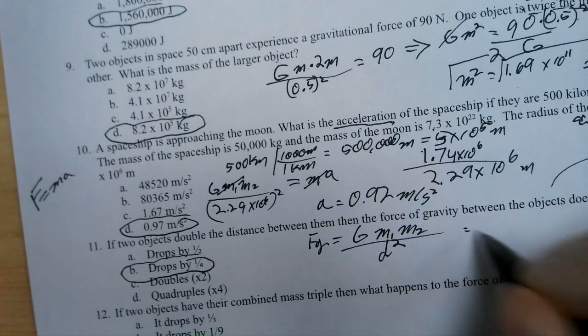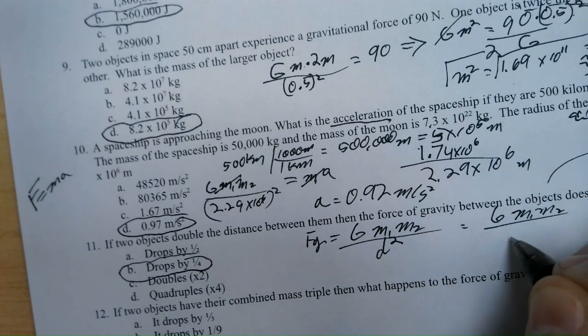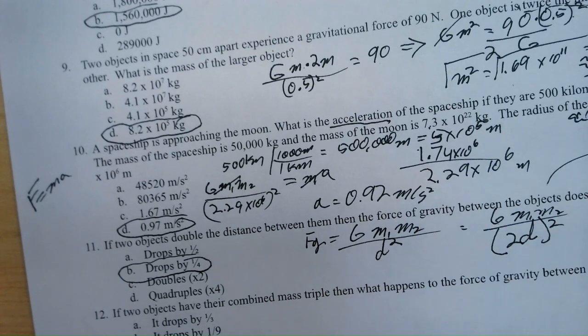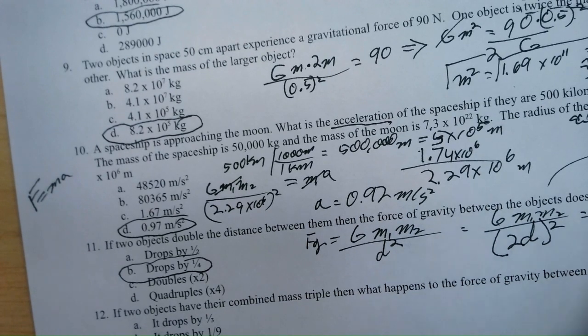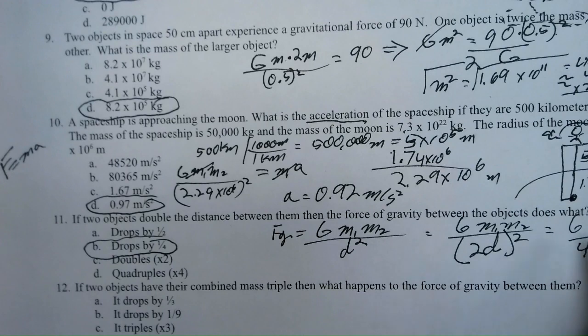This is going to be mass 1, mass 2 over 2d squared, which simplifies to 4d squared. So this is going to be multiplied by 1/4. So this is going to drop by 1/4, not 1/2 or anything else.